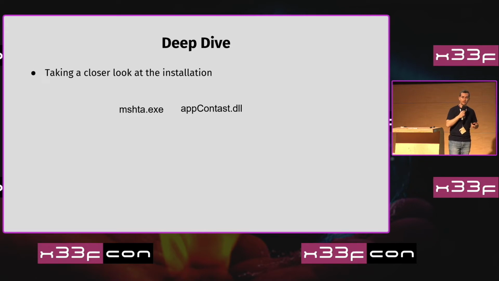It's used to run HTA files. So the first question that we should be asking ourselves is, how is MSHTA run on a DLL file? It's supposed to run on a .hta file. Maybe this is actually an HTA file and they just changed the extension. No, it's a DLL file. So how is that possible?